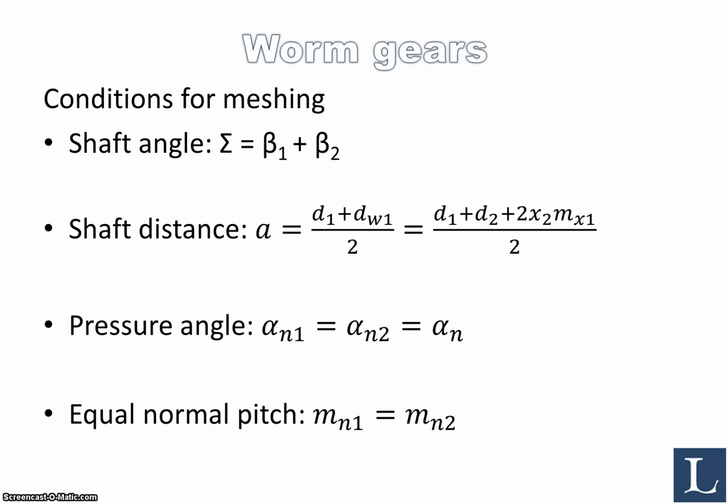These can be rewritten as d1 plus d2 plus 2 times the correction factor times the module. The pressure angle has to be the same in both cases, and you have to have equal normal module, Mn1 and Mn2.